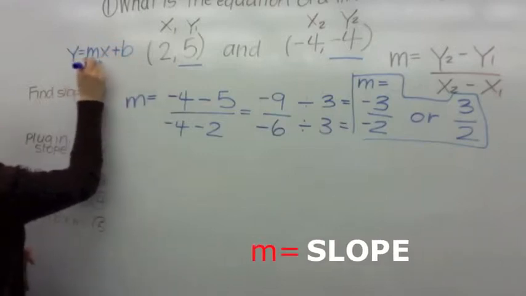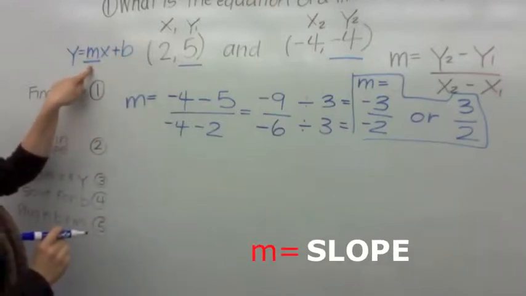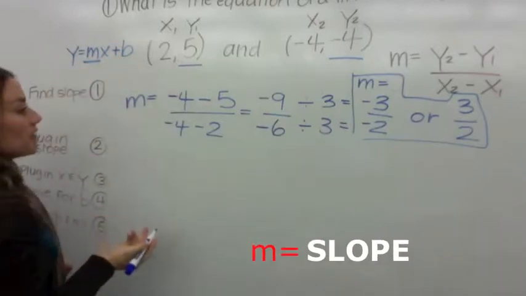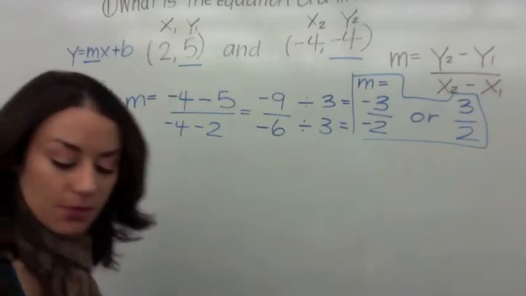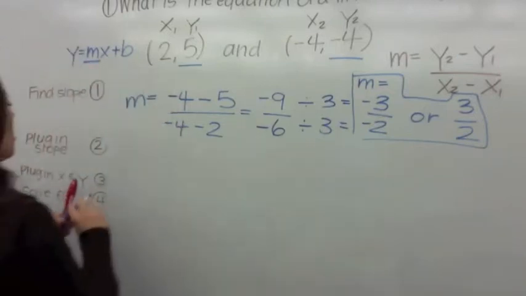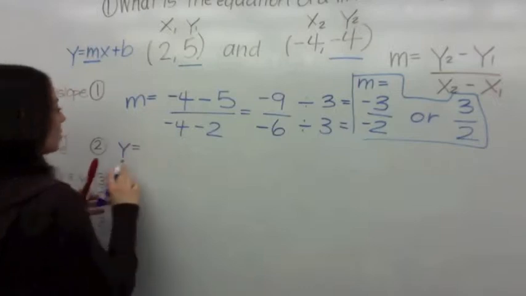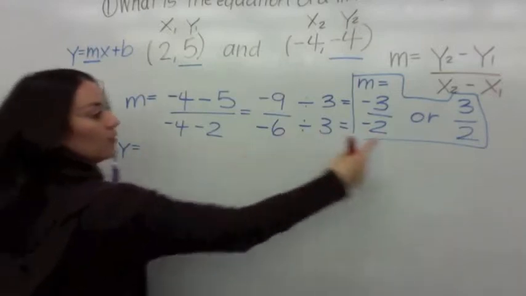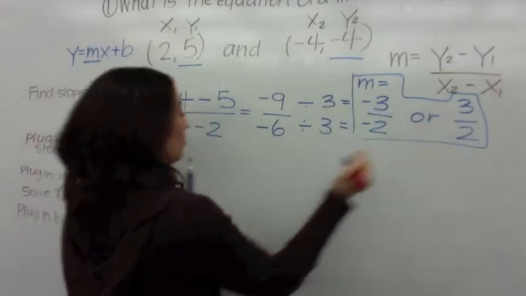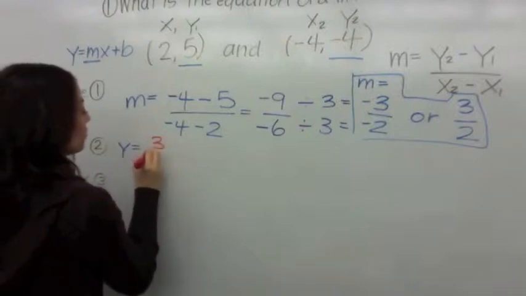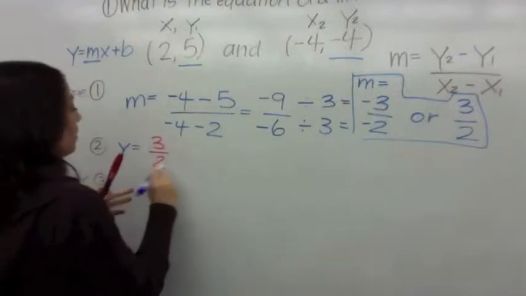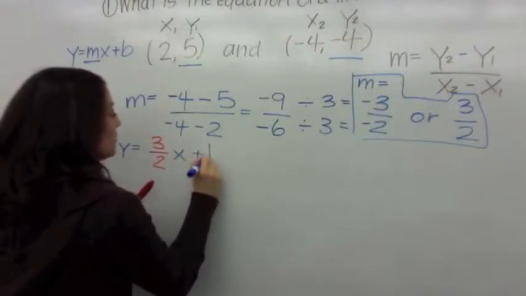The slope is what letter? The slope is m. The slope usually I put as red. So we say y equals, the slope is 3 over 2, that's the rise over run. 3 over 2x plus b.